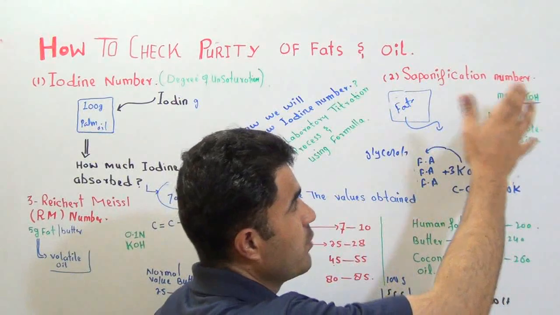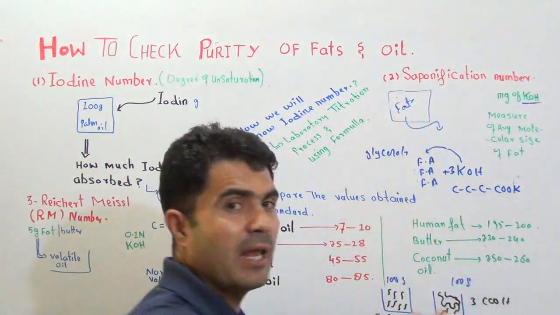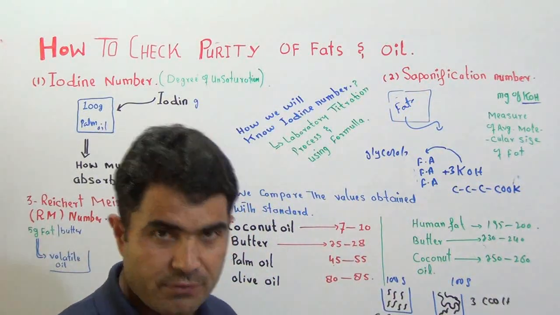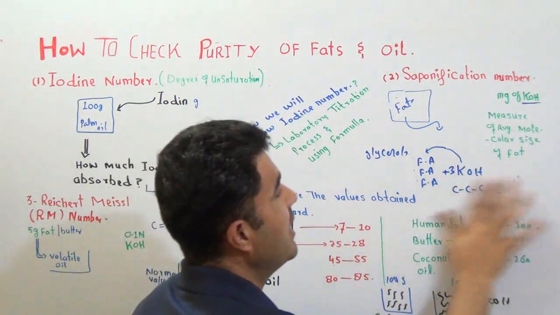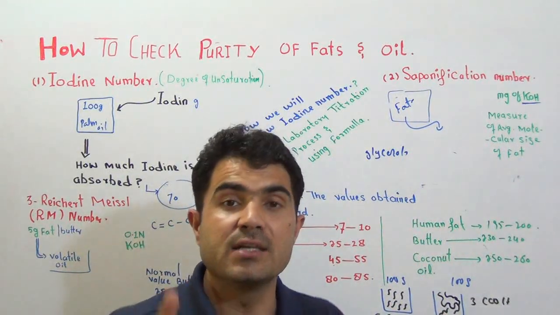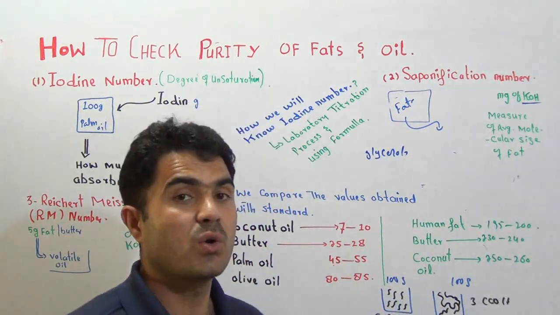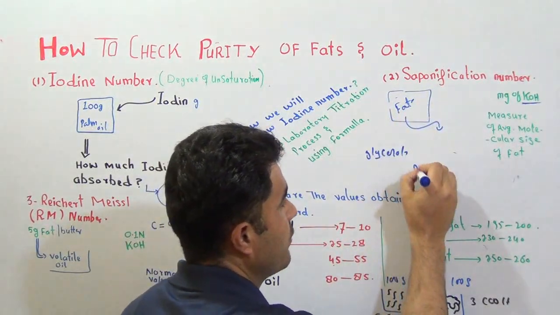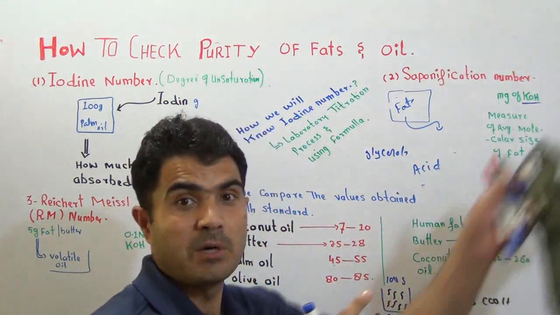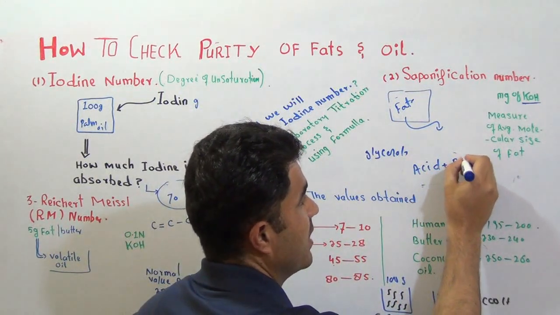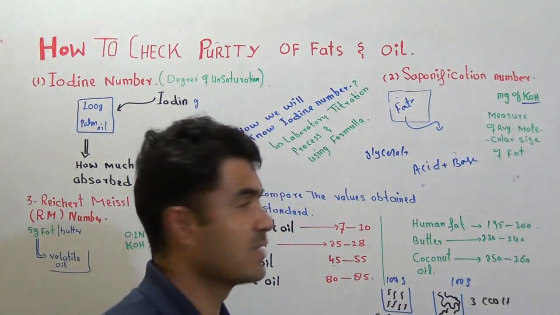Now if you react potassium hydroxide with fats, what will happen? Saponification reaction will start, and after the saponification reaction, you will check the gram of potassium hydroxide used, because potassium hydroxide is a base. In fats we have acid, but potassium hydroxide is base. So whenever you react acid with the base, what will happen?